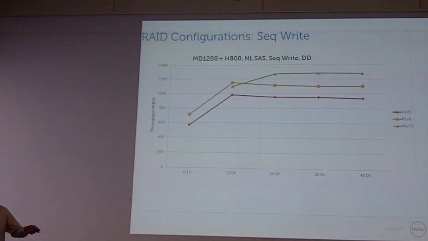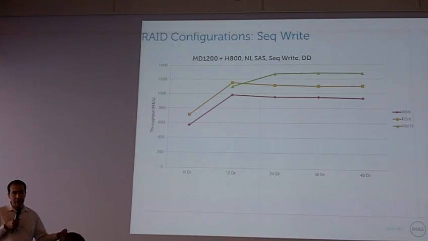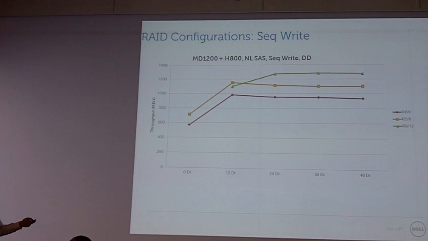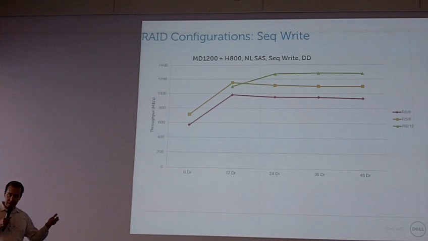And since the MD1200 has 12 hard drives, we looked at 3 ways of partitioning the MD1200s. You could do a RAID 5, basically 2 RAID 5s of 6 drives each in the 12 drive chassis. You could do a RAID 6 of 6 drives or RAID 6 of 12 drives. These were the 3 that we evaluated.